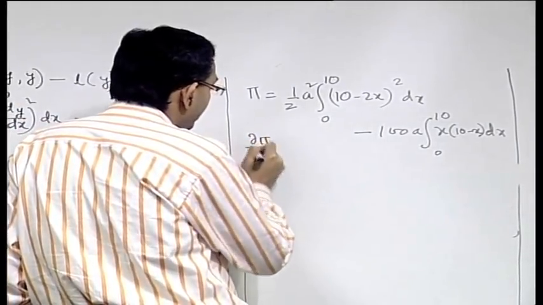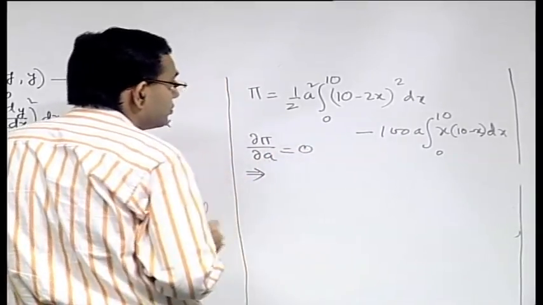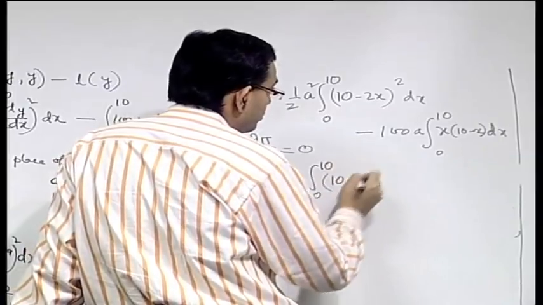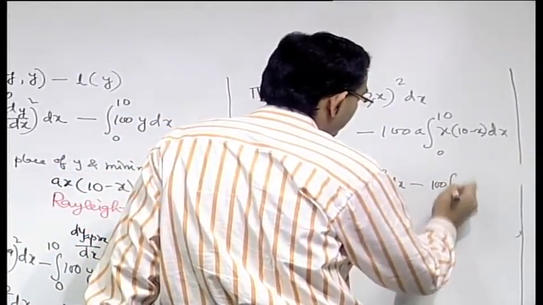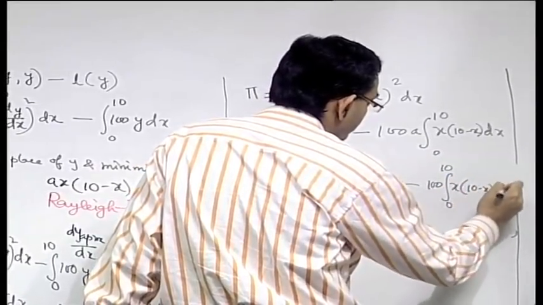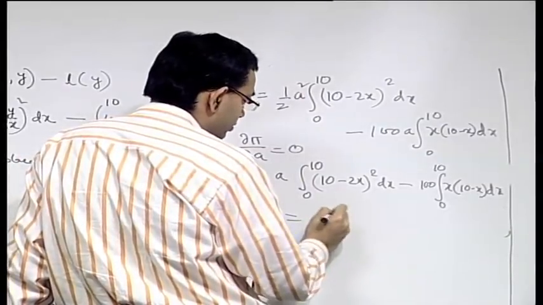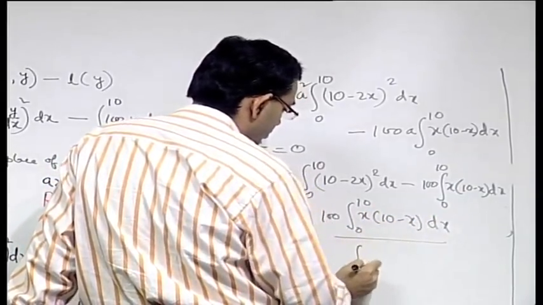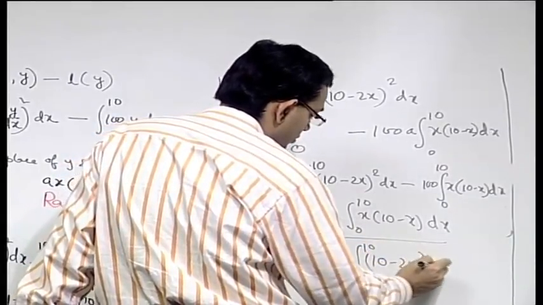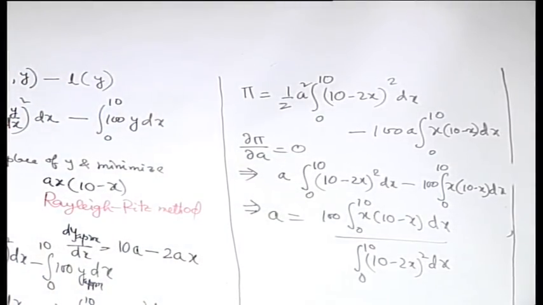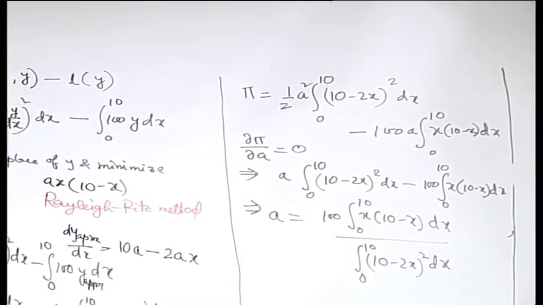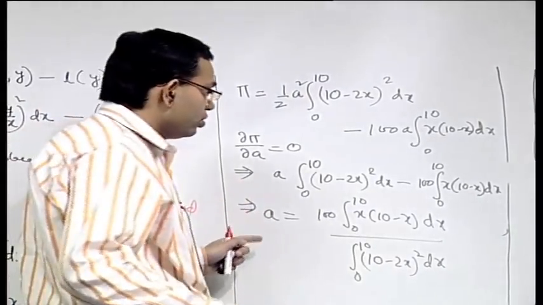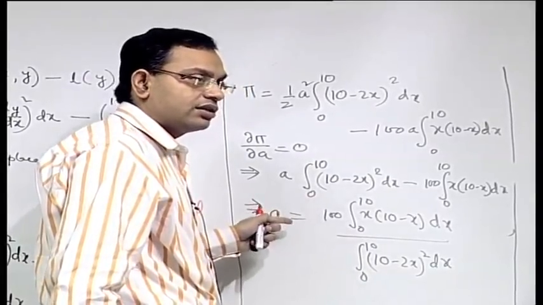So, you have del pi del a equal to 0, which implies a is equal to the result. You can complete this exercise. This is a very simple exercise, and at the end if you do the integrations, there is no surprise, here also you should get a equal to 50.